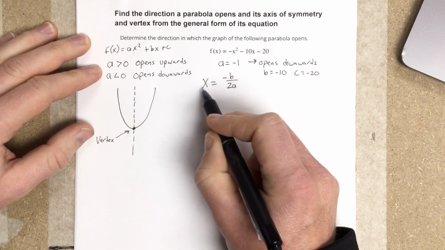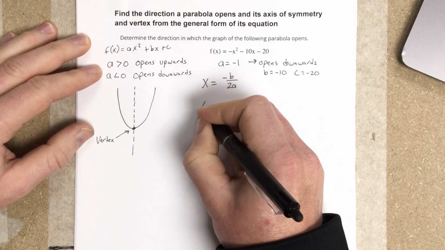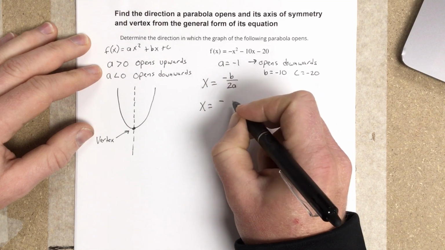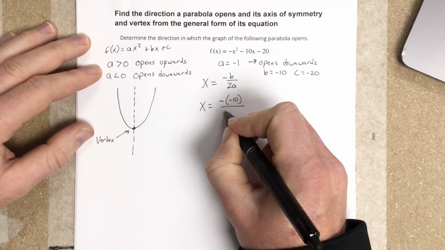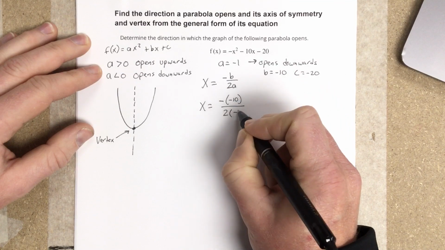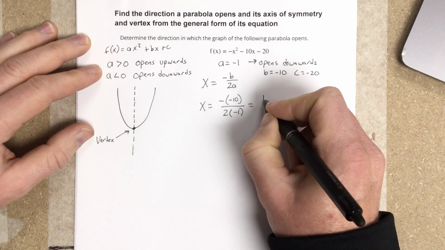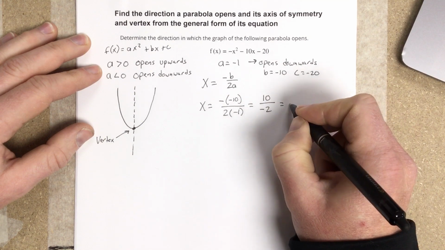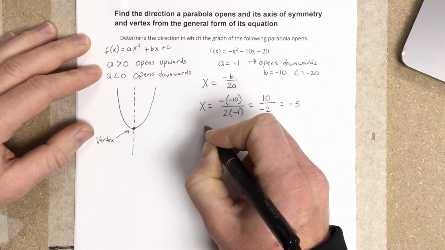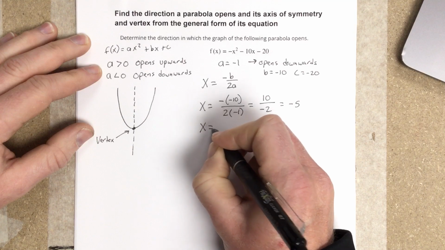So we can find this by plugging in what b and a are. x is equal to negative b, which is -10, all over 2 times a, which is -1. Negative -10 is +10 over -2, which simplifies to -5. So the equation for this vertical line is x equals -5.